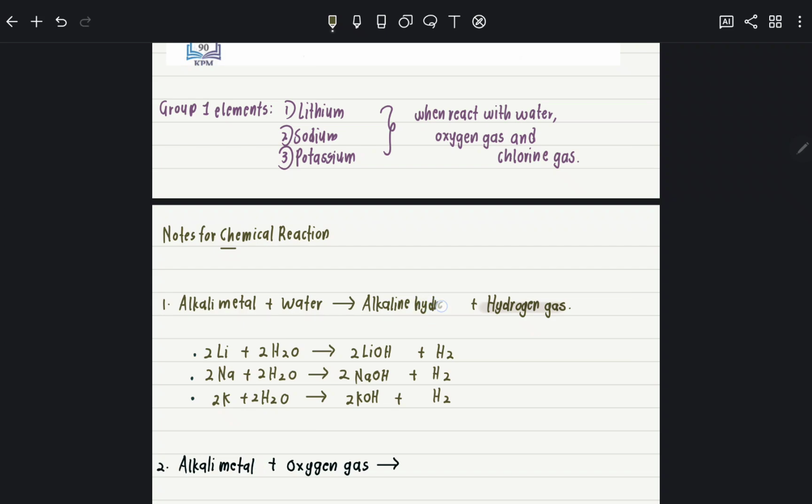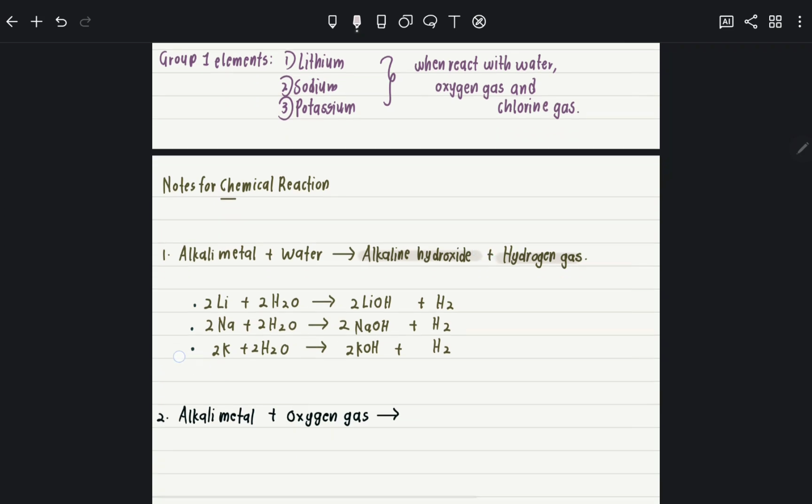Okay, hydroxide. Wait, I move sikit a bit benda ni. Bar notes kena cantik sikit. Sorry lah, saya baru mula belajar bar notes kat tab, so my notes tak berapa lawak sikit. Tapi kalau you rasa sangat lawak, boleh komen lah. It will encourage me. So this is the alkaline hydroxide.